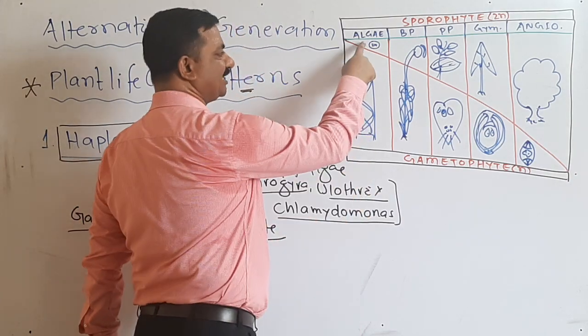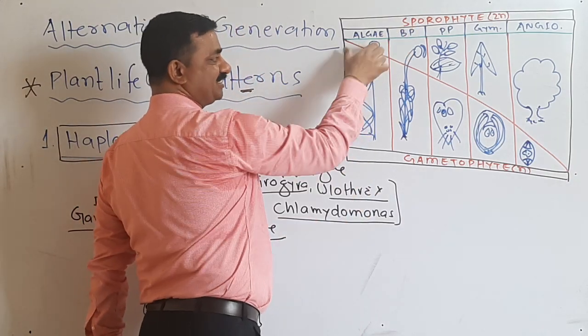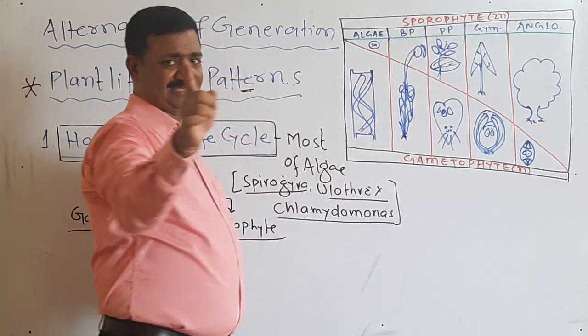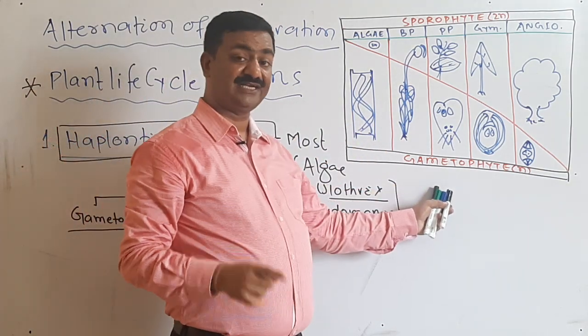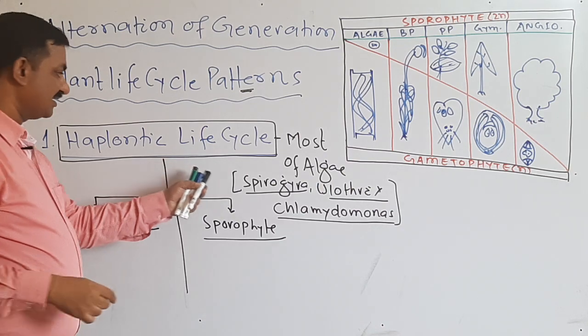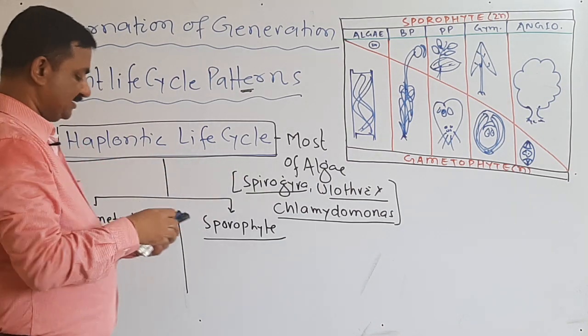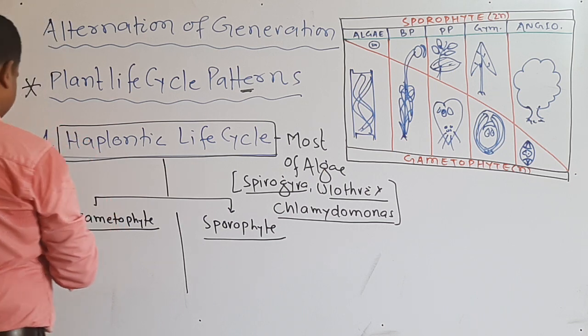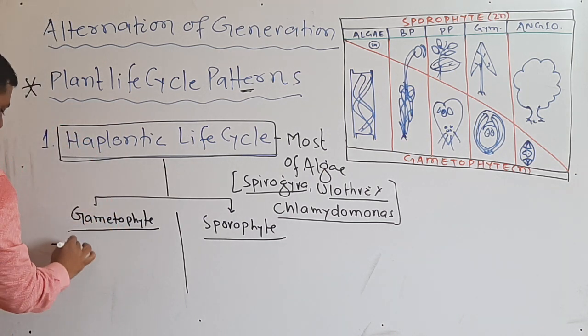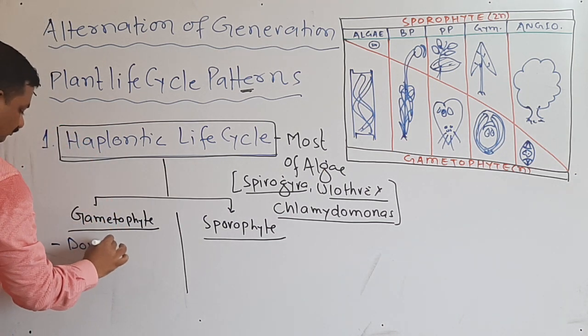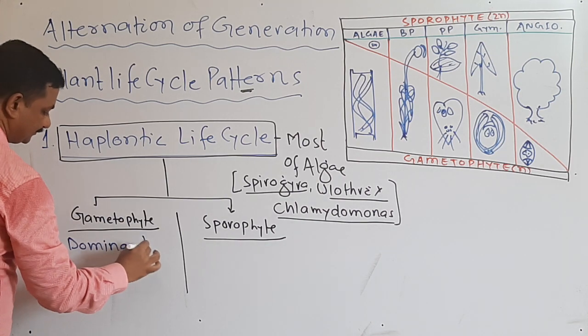It is dominant, while the sporophyte is short-lived. So the gametophyte of algae that show the haplontic life cycle is the dominant phase.